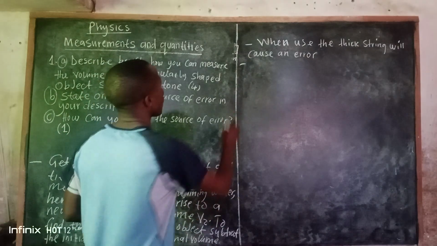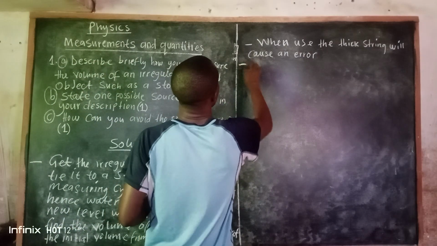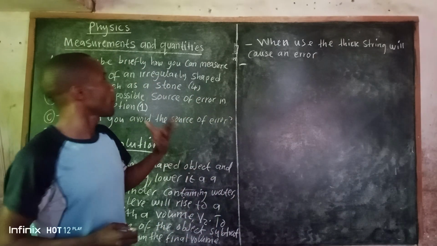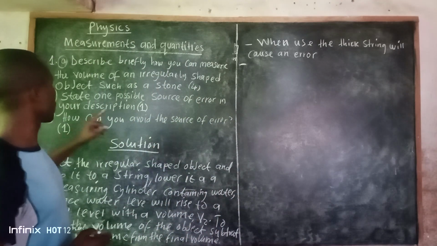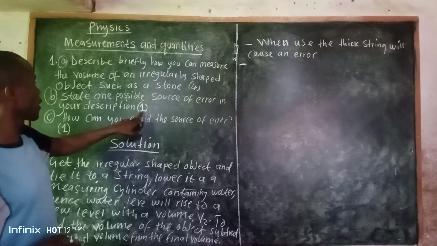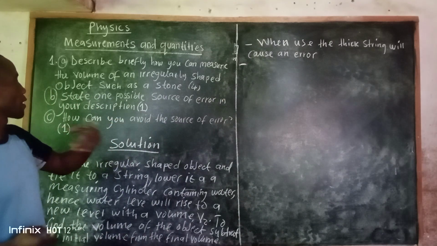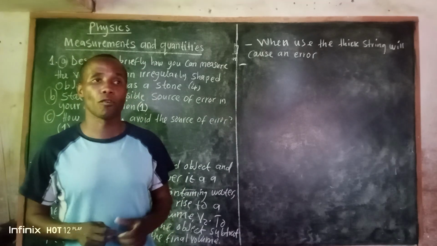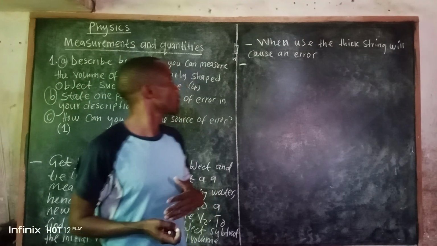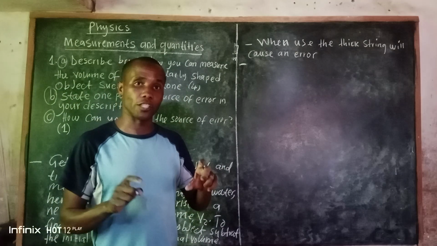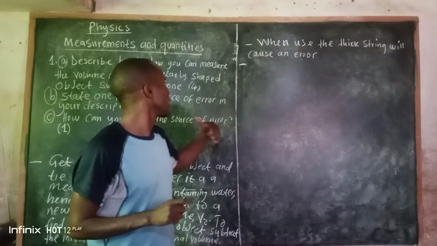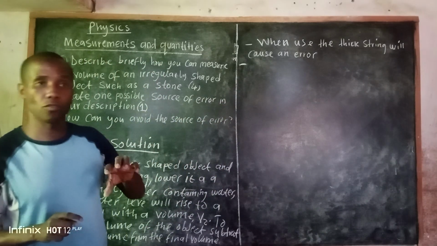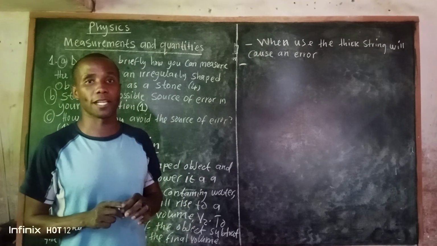Okay, so the other one, we can also have other sources of error, but remember here we are taught just to write one, because you can even look at the mark there. There is only one mark. Now, I just want to add on for your own information, for the sake of your broad knowledge. The other source of error you can identify is on the issue of the measuring cylinder.